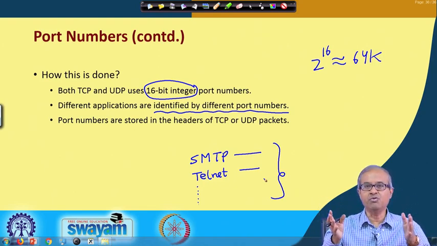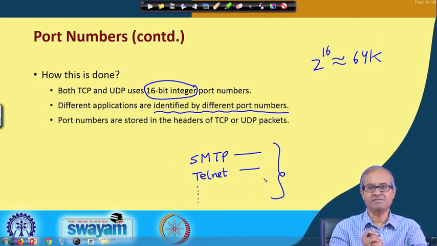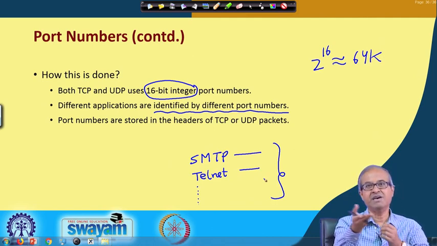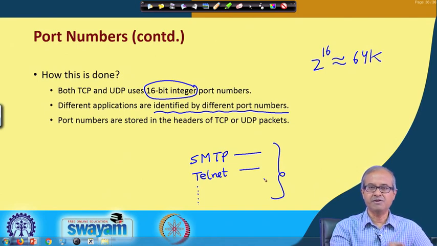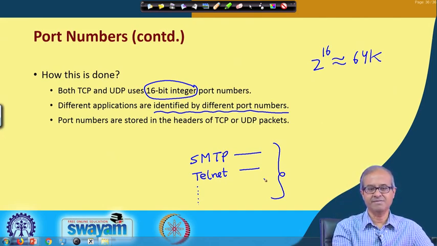Similarly, when I want to send some request to a web server, maybe the web server is working on port number 80, I will be sending a packet saying destination port number 80. So, my packet will automatically go to that web server and the web server will process it and send the response back to me. So, by these unique port numbers, I can uniquely identify and contact a particular process which is running on the other end, right.